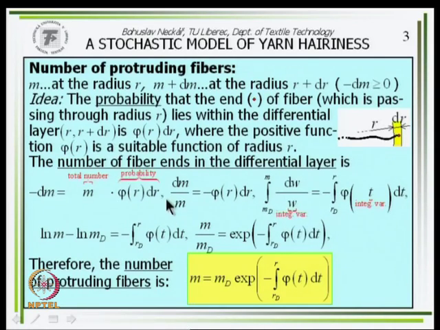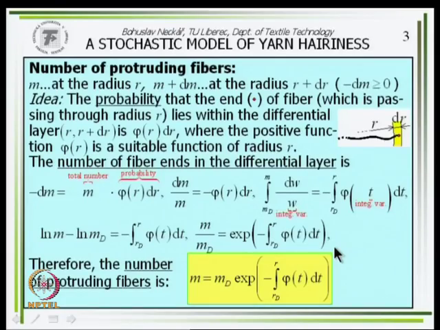From this equation it's possible to rearrange to such a form and integrate it: on the left-hand side over m, from md to m, from the starting position on radius rd to the general position on radius r, and on the right-hand side from rd to r.